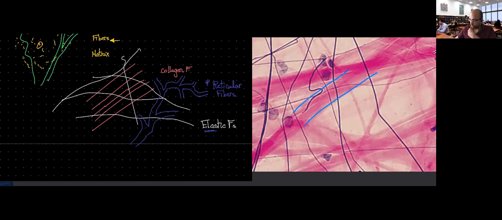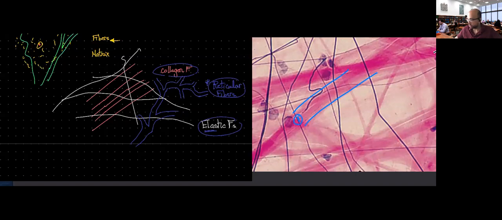Please answer this as your first question for today's in-class activity. What do you think is this type of fiber? Does it look like a collagen fiber, a reticular fiber, or an elastic fiber? Collagen, right?